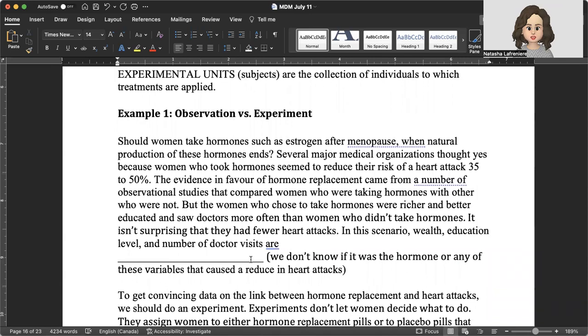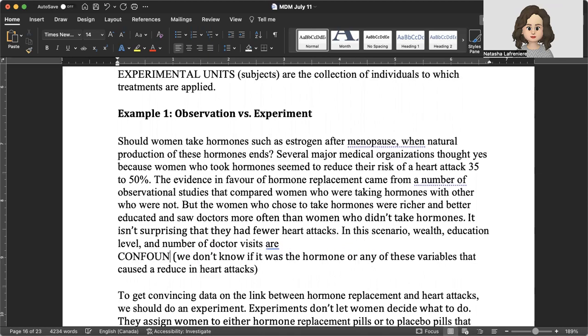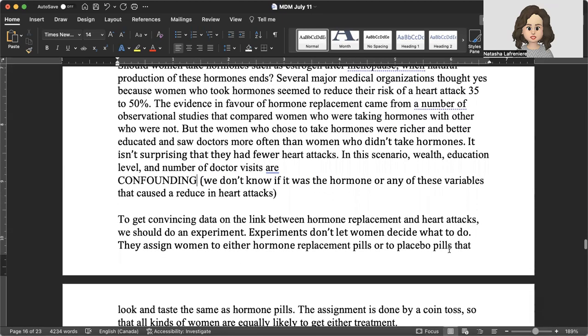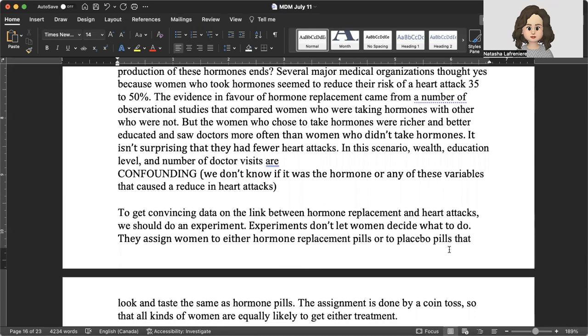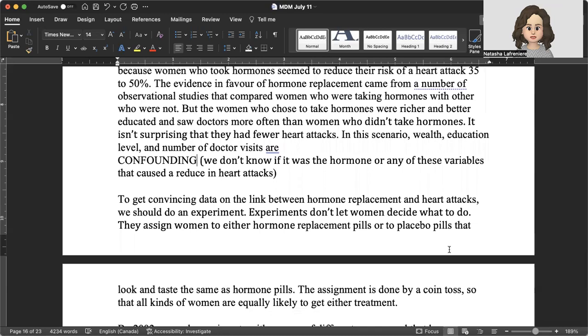In this scenario, wealth, education level, and number of doctor visits are confounding. So we don't know if it was the hormone or any of these variables that caused a reduction in heart attacks. To get convincing data on the link between hormone replacement and heart attacks, we should do an experiment. Experiments don't let women decide what to do.